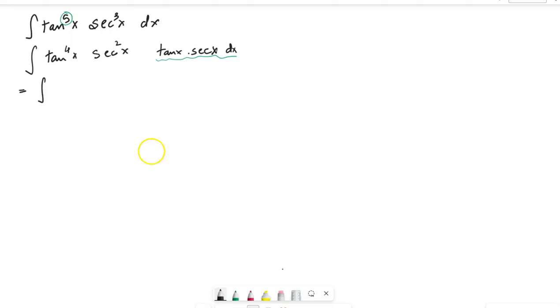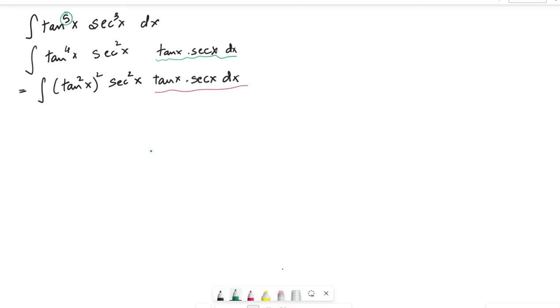Okay. This tangent power 4 can be written as tangent squared x to the power 2, secant squared x. Our goal is, except for this separated thing, everything else should be in secant squared format.